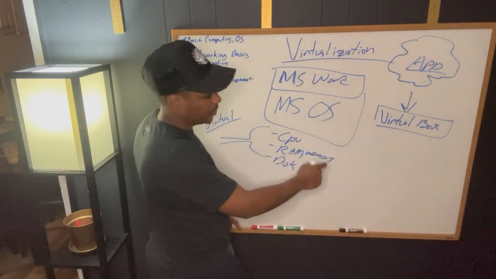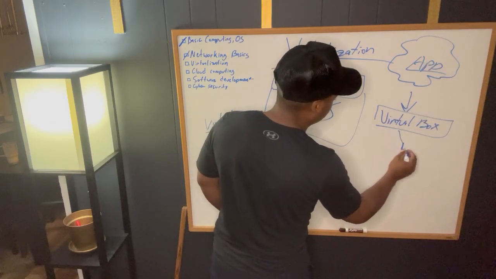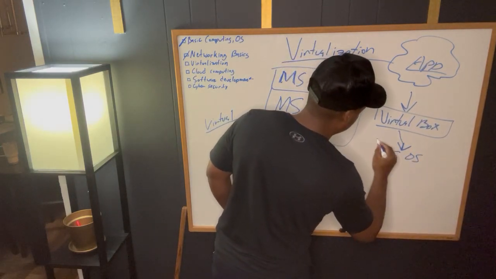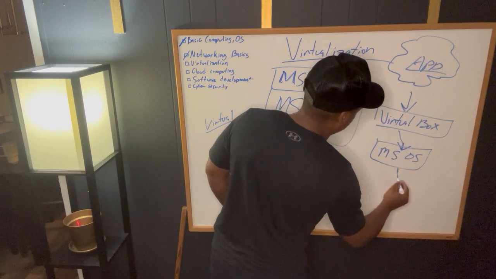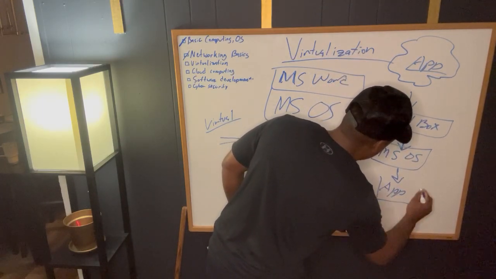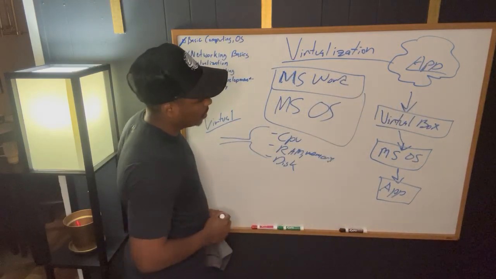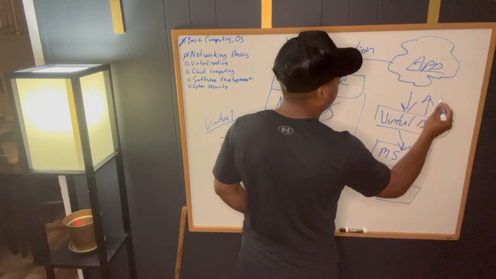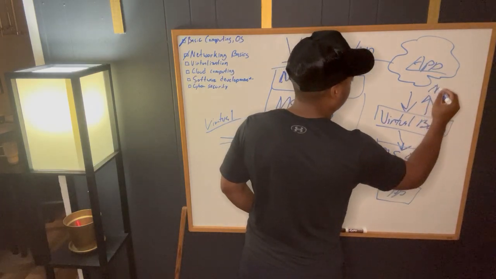Then from there, you can install the Microsoft operating system. And then you can install your application, okay, on top of that. And keep in mind, your VirtualBox sits on your Mac.